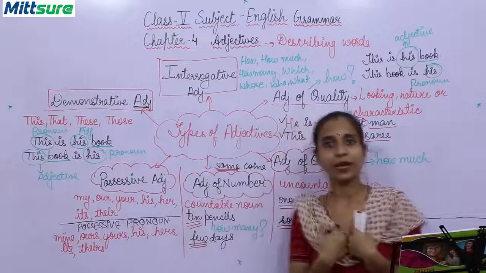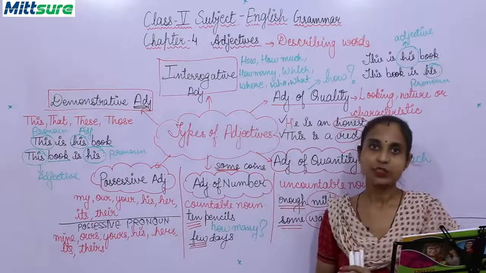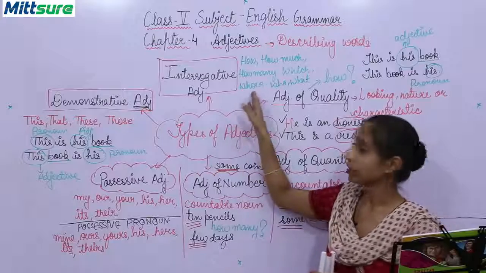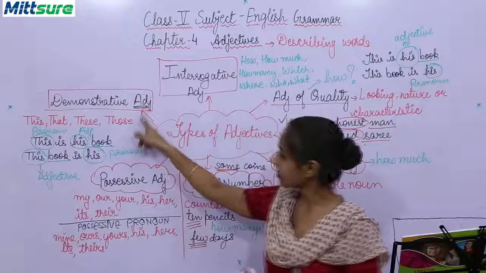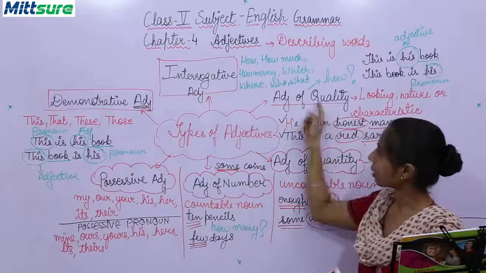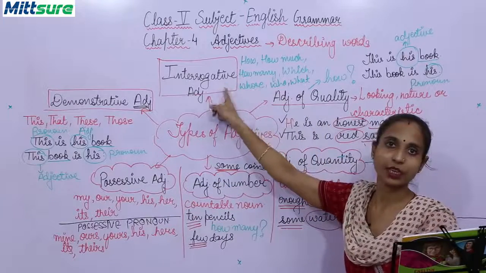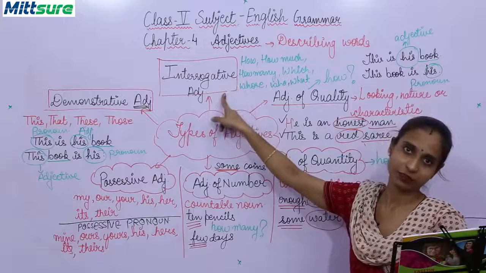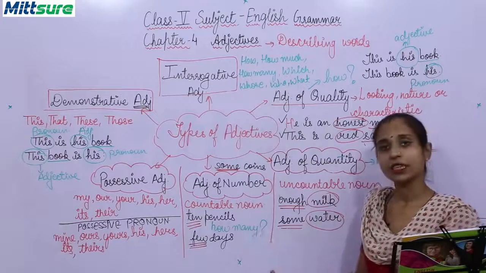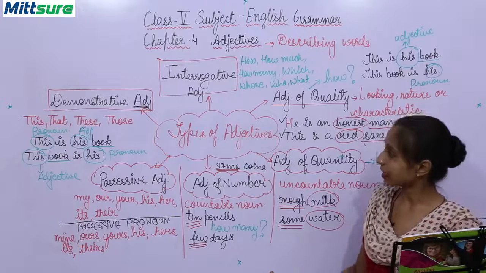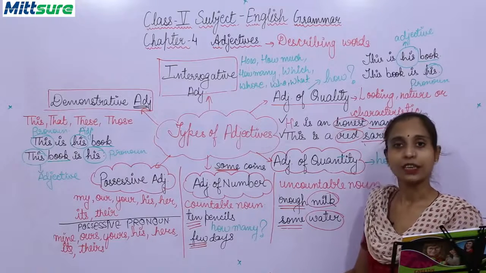This is my bag. So, it is answering the question. All right. Just remember these adjectives and you will come to know what interrogative adjectives are. All right. So, these were the six kinds of adjectives we read today.